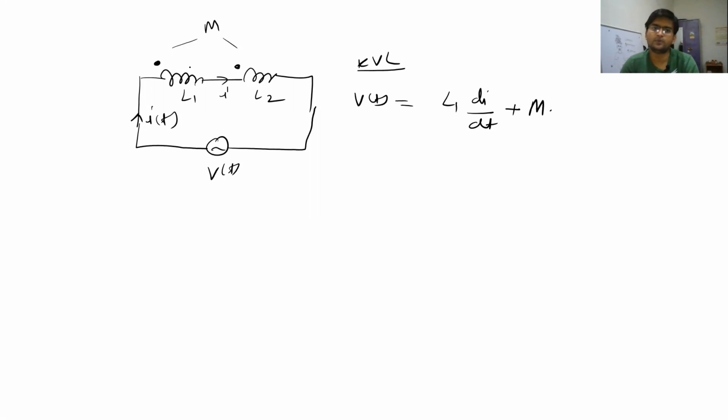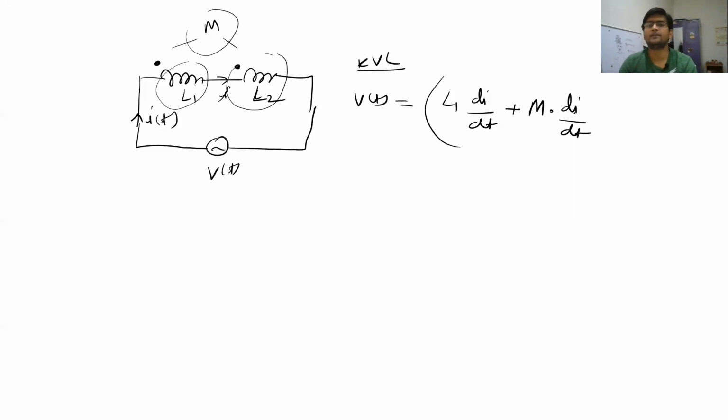Now this mutual inductance M in the first coil is because of the flux produced in the second coil. But since the current is the same in the second coil also, we will have the same current di upon dt. There is no I1 and I2; there is only one current I. So this mutual inductance will also produce a voltage drop because of that same current, but because of the flux produced in the second coil.